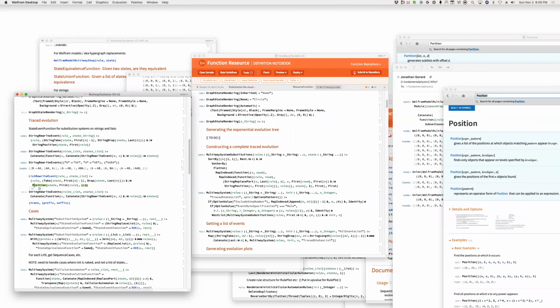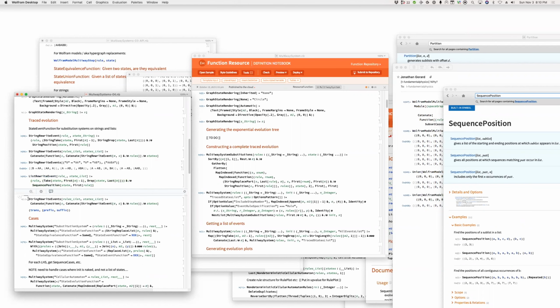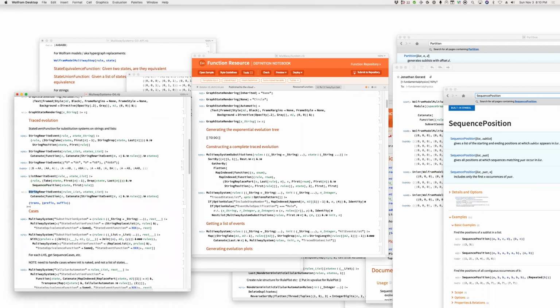Oh no, it's sequence position, isn't it? Right, because it's a run that we're wanting. But hang on, do we want sequence? Oh yeah, no, okay.